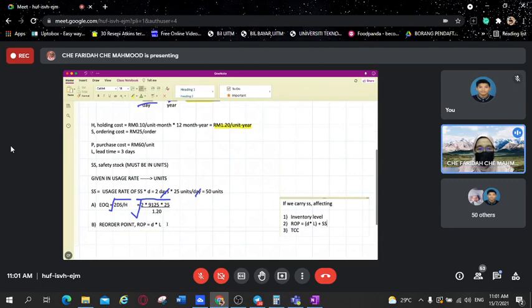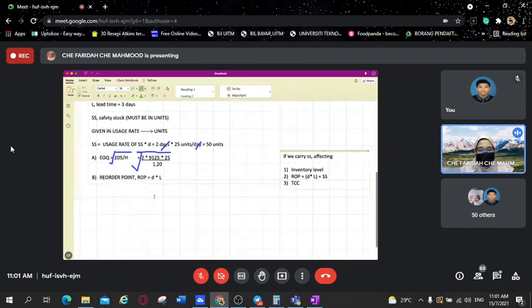So sini it will be like, okay, hang on. It takes a while for you to receive this because it's loading. Kita kena cari dulu D times L. D ialah 3 days times dengan 25 units per day.